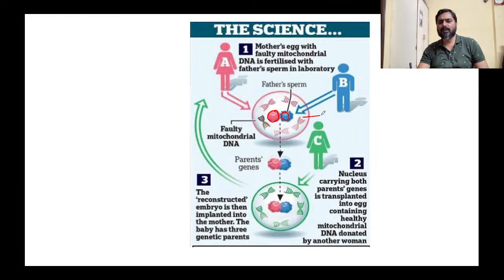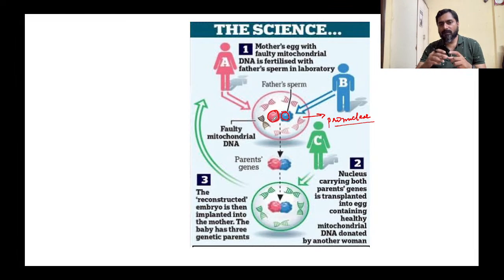This stage is called the pronuclear stage. Pronuclear means just before a single nucleus is formed in the zygote. The nucleus from the mother and the nucleus from the father just attach side by side. It is a very transient stage, a very short stage, and then they will eventually fuse to form one nucleus.